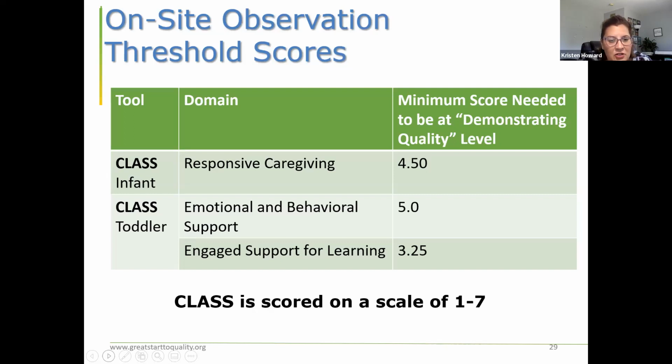And for the toddlers, your 2 domains, emotional and behavioral support, at least a score of a 5, and engaged support for learning, at least a 3.25. And CLASS is scored on a scale of 1 to 7. So you can see that those scores are very equitable and achievable. Again, you're doing a lot of these things already.